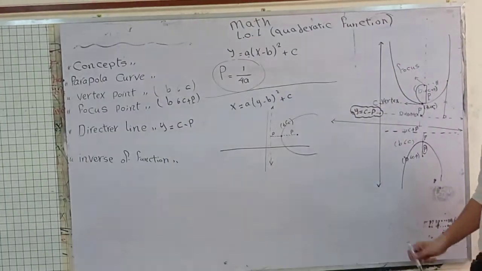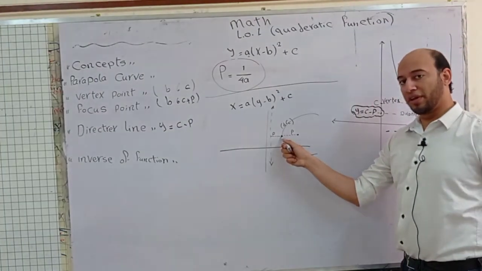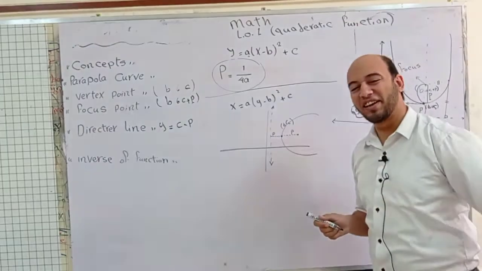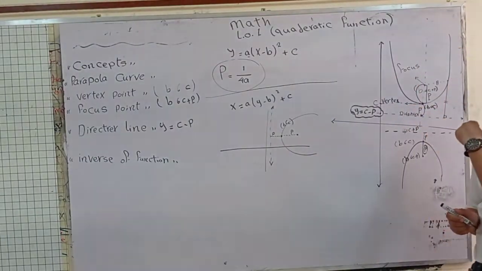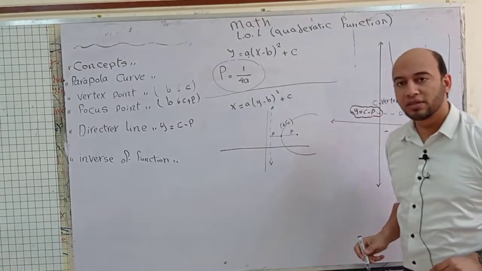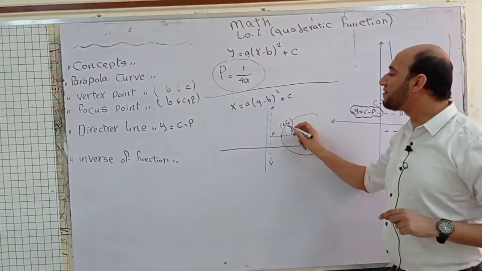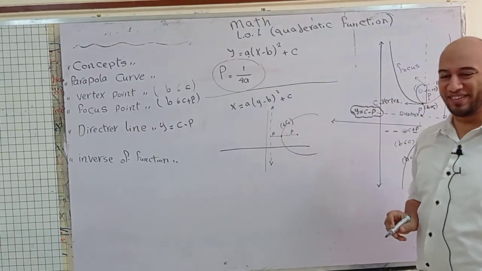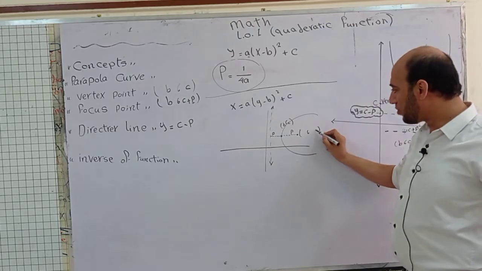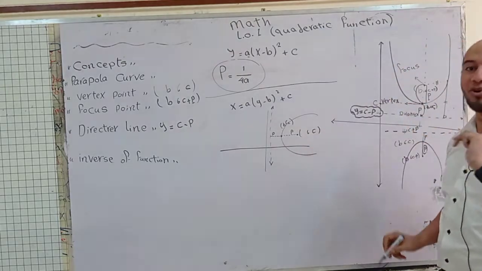Now, the vertex point is in the same horizontal line, not vertical. It's the same horizontal line with the focus, so it will have the same y coordinate. Then the focus y coordinate will be C also.